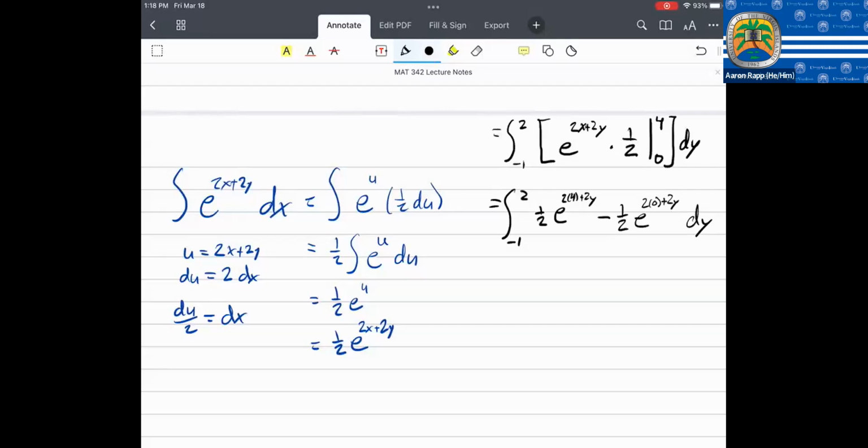Now I'm going to want to clean that up a little bit before I actually do the integration. Both of those two terms, without even doing any of the arithmetic in the exponents, have a common factor of what? 1/2. So what can I do with that factor of 1/2? Pull it out in front of the integration.